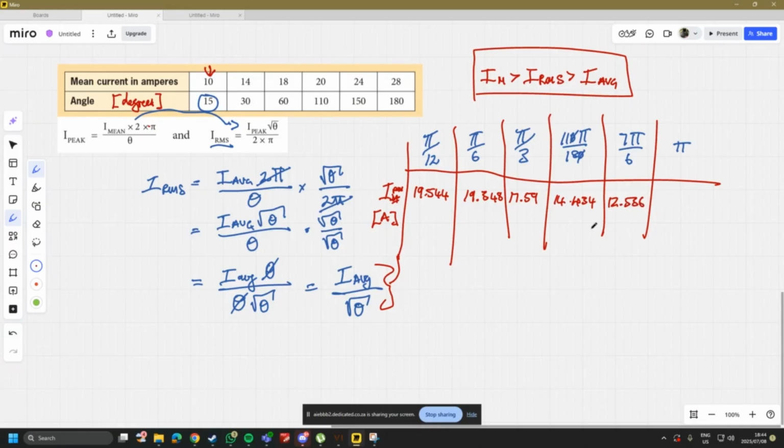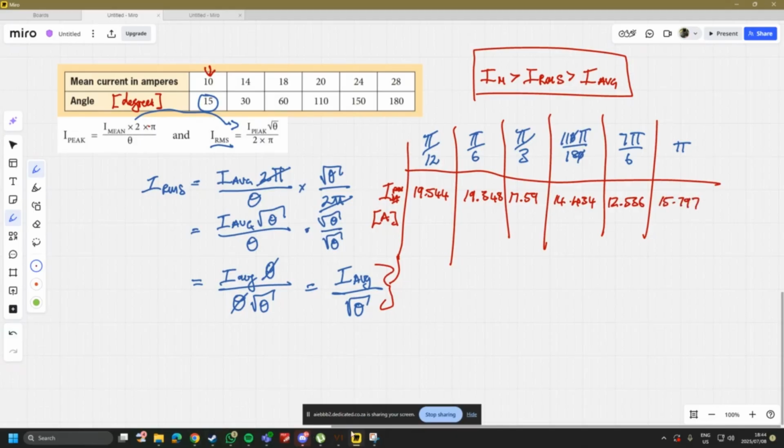And then for the RMS, in this case, divided by square root pi, which is going to be 15.797.